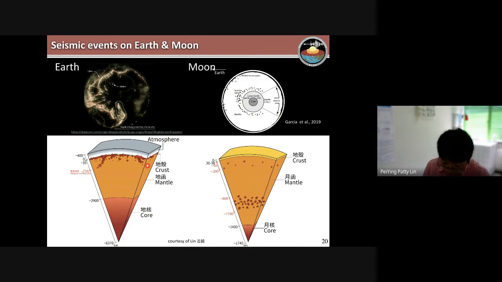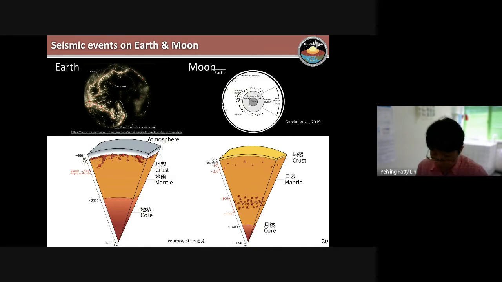And as you can see, on the Earth we have lots of earthquakes happening on the surface. Not like the Moon, there are fewer shallow moonquakes on the Moon.